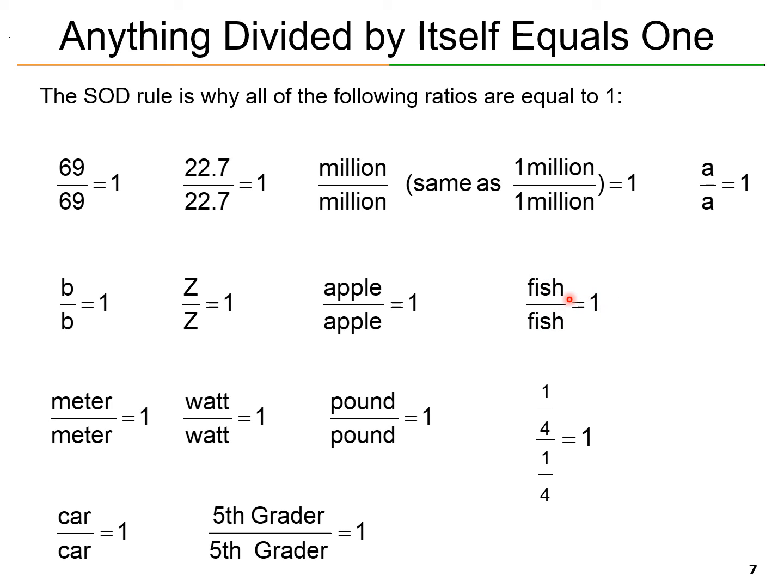And that's basically one of the underlying fundamental mechanics that we're going to use in dimensional analysis. 1 pound divided by 1 pound is equal to 1. 1/4 divided by 1/4 is equal to 1. 1/5 divided by 1/5 is equal to 1.